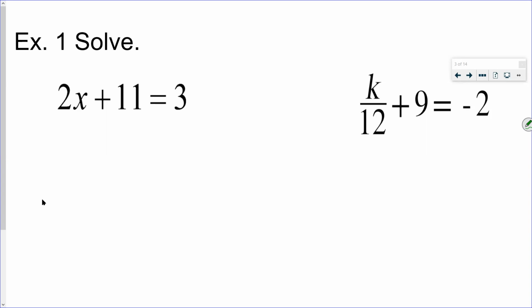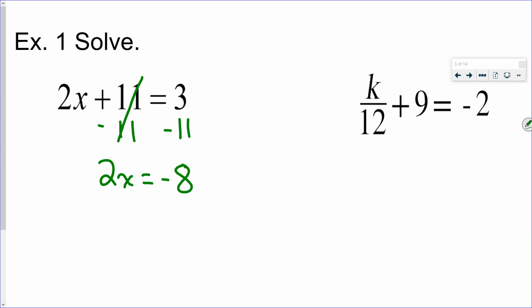There's a plus 11, and remember the inverse operation of addition is subtraction. We're going to subtract 11 because the 11 is not attached to the x. If I subtract 11 on the left, I have to subtract 11 on the right. Those 11s go away, leaving us with 2x equals, well, 3 minus 11 is negative 8.